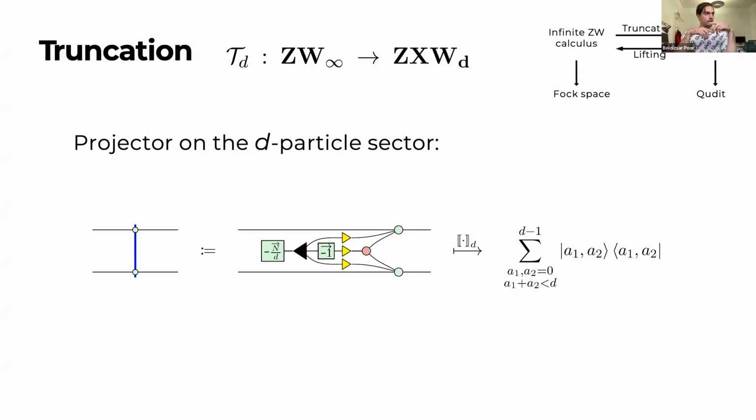So if you input two computational basis states, it's going to act as the identity if the sum of these two computational basis states is less than d.